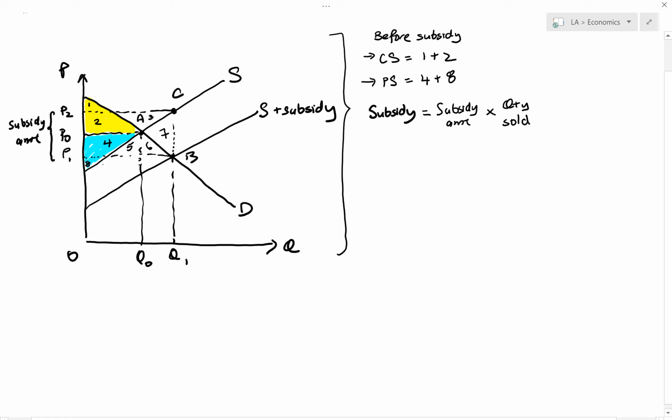So it's actually area P1, P2, CB, the subsidy amount times the quantity sold at Q1. So can you see, when the government subsidizes, they have to spend quite a lot. It's area 2 plus 3 plus 4 plus 5 plus 6 plus 7. That's the whole subsidy amount, the whole rectangle.